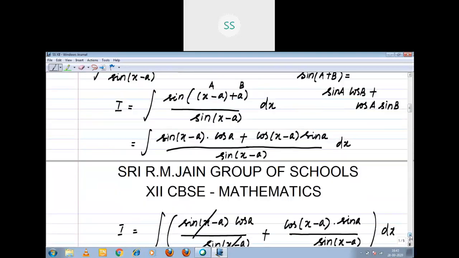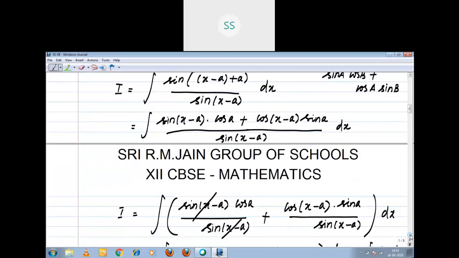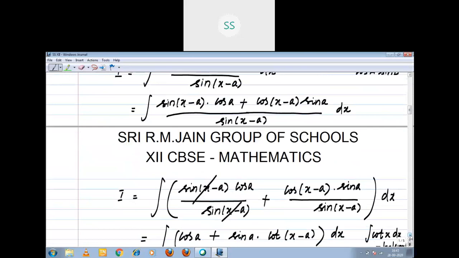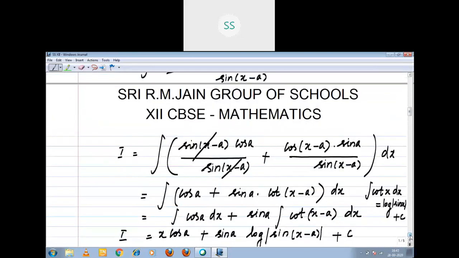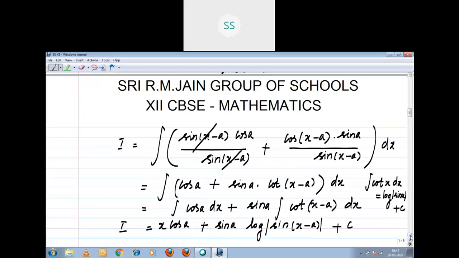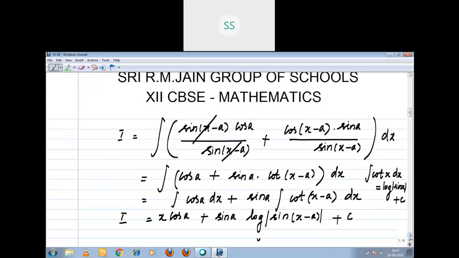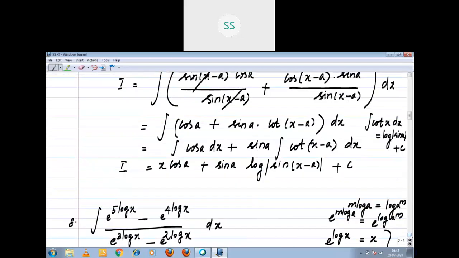I got the identity sin a cos b plus cos a sin b. Now I arrived at cos a into dx plus sin a cot of x minus a into dx. Finally, I arrived at x cos a plus sin a, a constant. Integral cot x dx equal to log of sin x. So, log of modulus sin x minus a plus c.